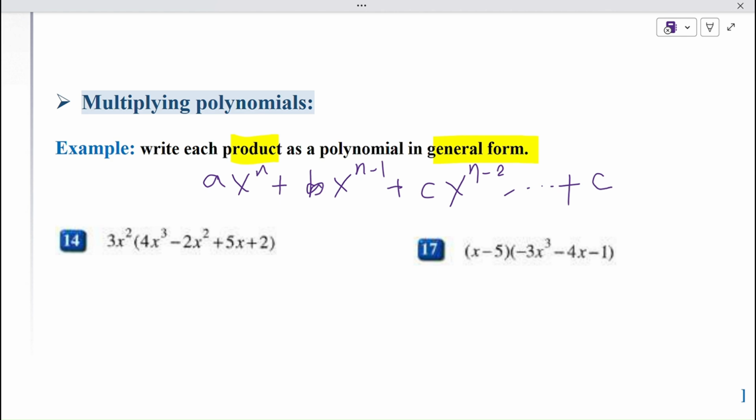It means in general form, you have to order the exponents from greatest to least. This is called general form.